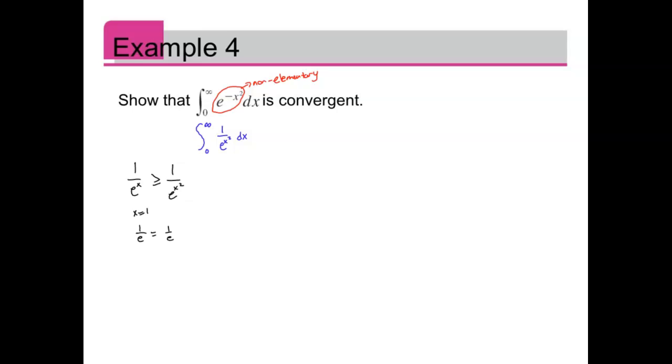So, yeah. If x is 2, I got 1 over e squared and 1 over e to the 4th. Which one's bigger? Right. The one with the smaller denominator will always be larger, right? And so, yeah, we're going to say that this holds, right?